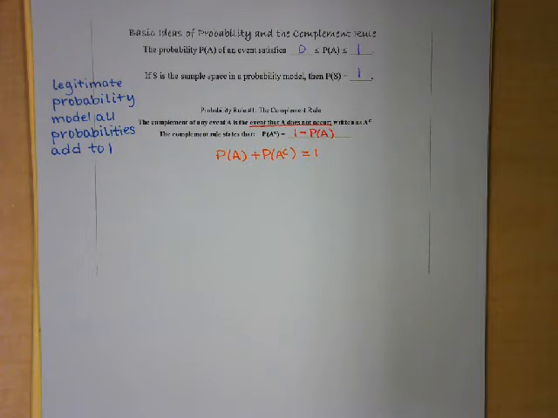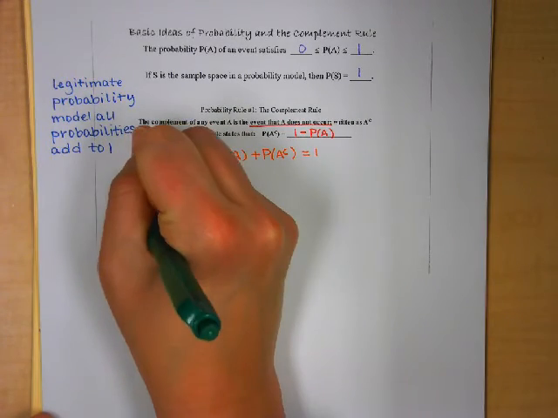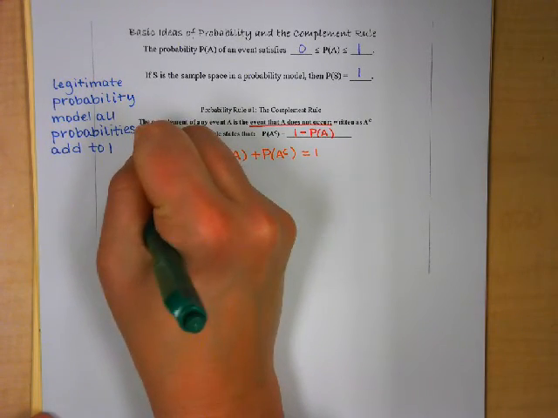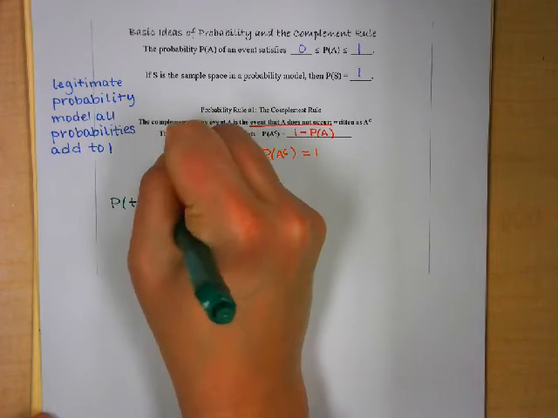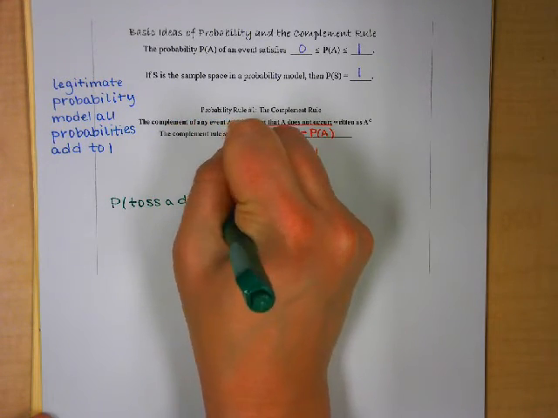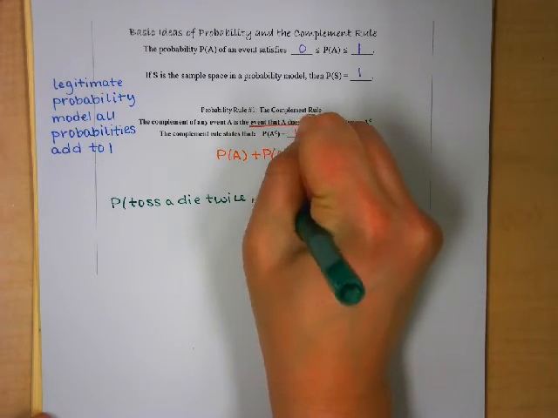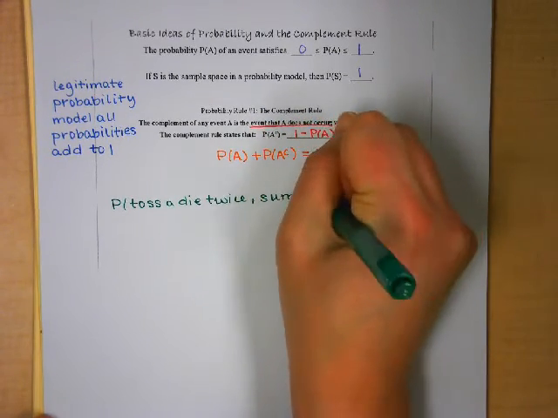And the question that I could have sworn I typed in there, but it's not showing up, is what is the probability that we toss a die twice and our sum does not equal 7?